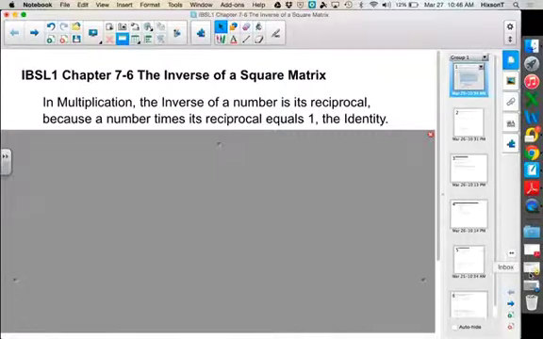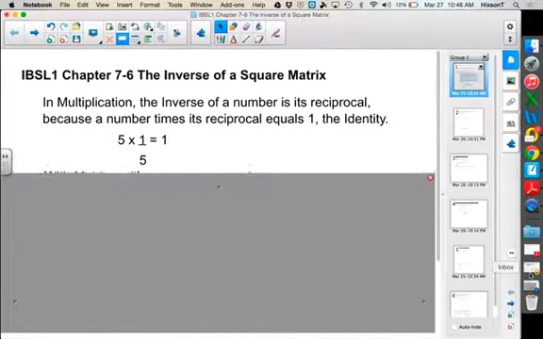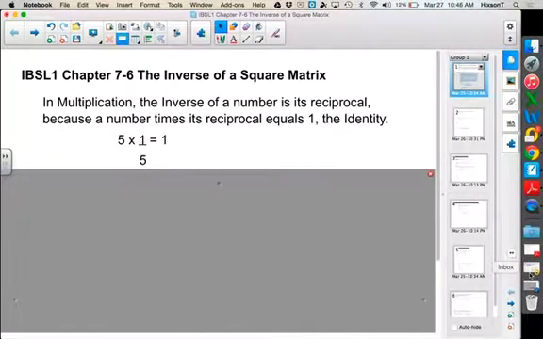And really, we need to think back to our beginning Algebra 1 days to get the sense of where we're going with this. When we were dealing with real numbers, the inverse in multiplication was the reciprocal. So if we multiplied something by its reciprocal, we got the identity. So 5 times 1/2 equaled 1.